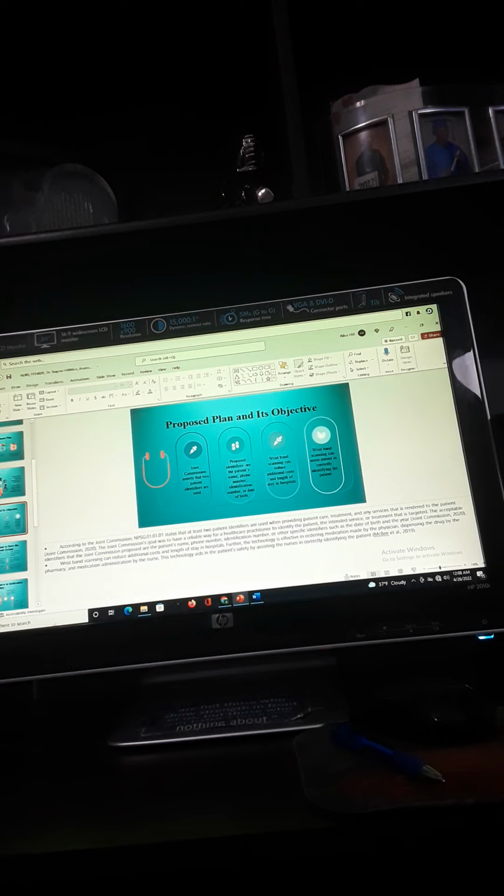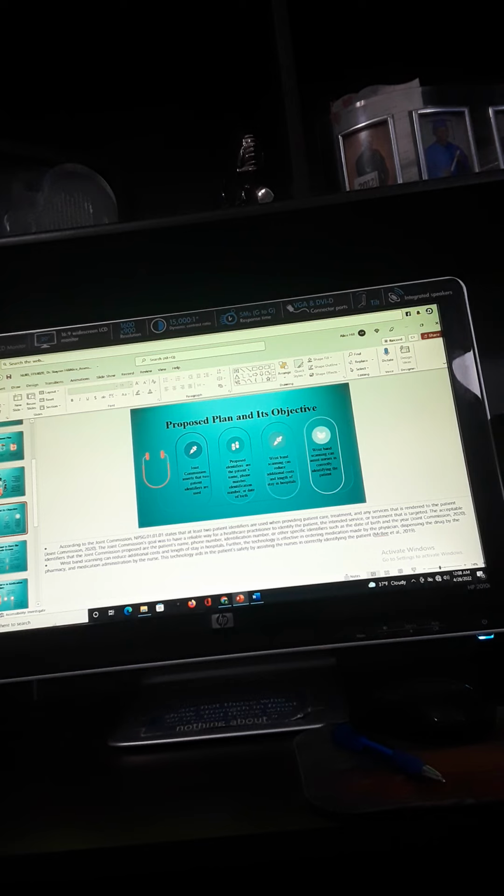Slide number 6, Proposed Plan and its objective. According to the Joint Commission, at least 2 patient identifiers must be used when providing patient care, treatment, and any services.